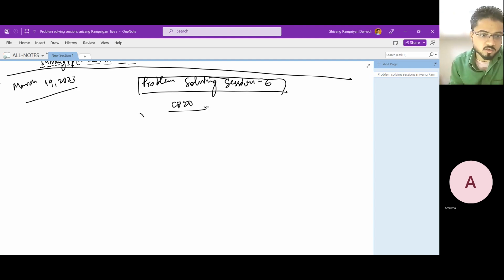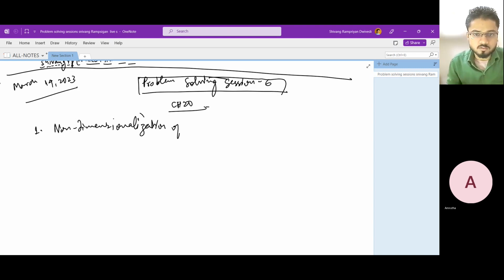So we'll be starting today, as discussed in the previous live session. We'd first cover the non-dimensionalization of the Navier-Stokes equations. We discussed what they are the previous day.